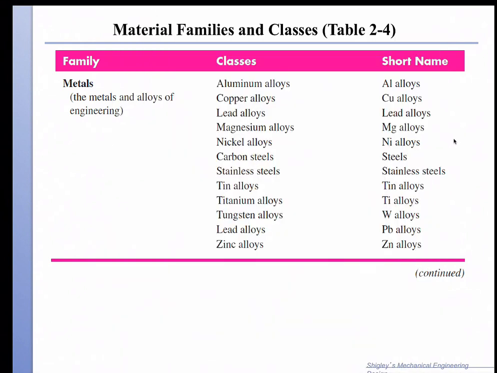So as you can see here, the metal family is essentially made of the elements that I discussed, and these are the most significant elements that designate the classes of metals within the family, going from aluminum to copper to lead, magnesium, nickel, carbon, stainless steel, tin, titanium, tungsten, lead, and zinc.